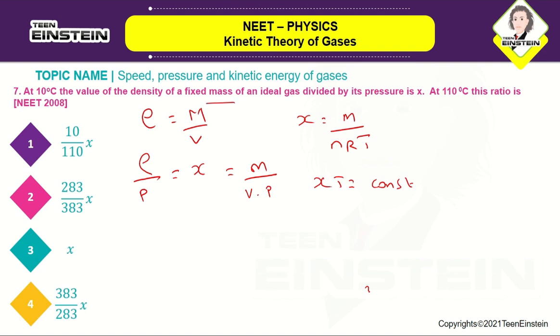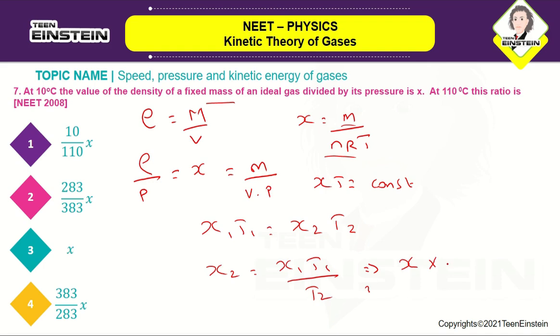or xT is equal to a constant. Since mass is fixed, xT will become a constant. Both nR is a constant, so mass is also fixed. We can take it as xT is equal to constant, or x1 T1 is equal to x2 T2. x2 is equal to x1 T1 by T2. So here x1 value is x and T1 is 10 degree.